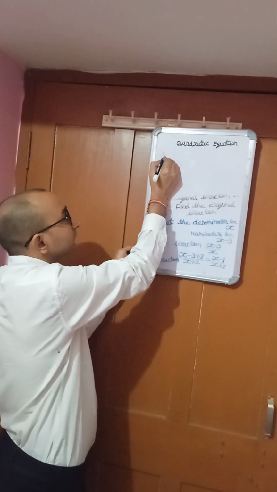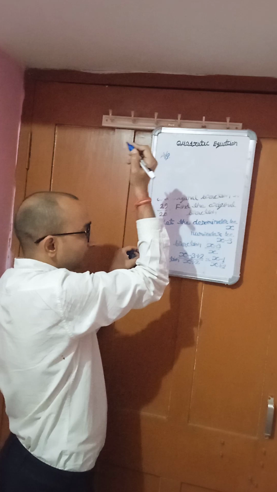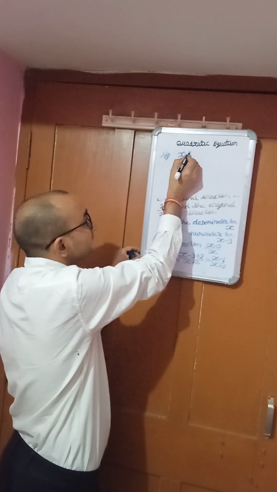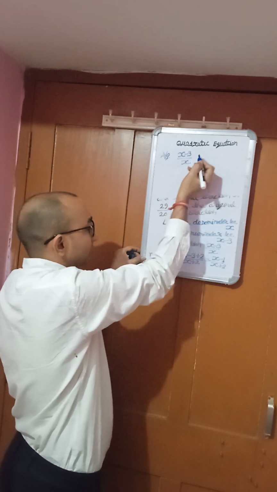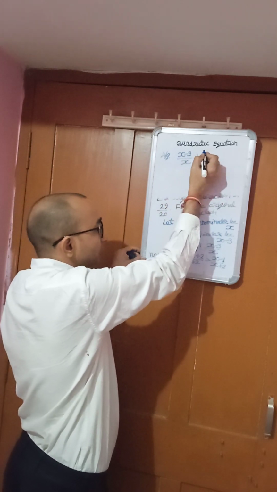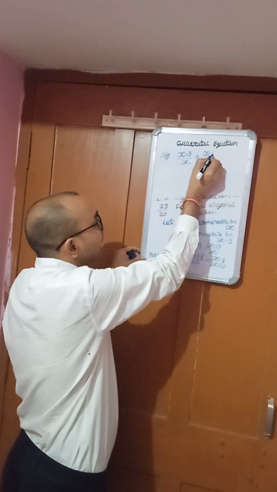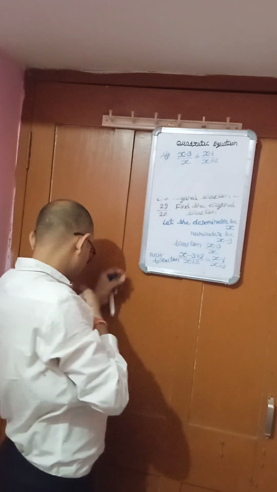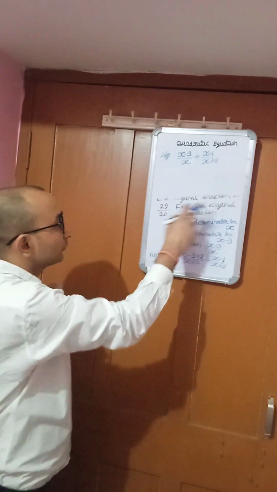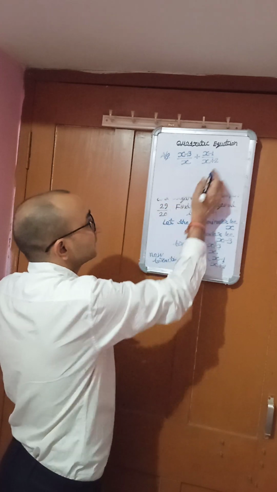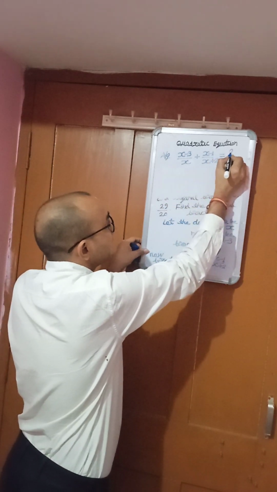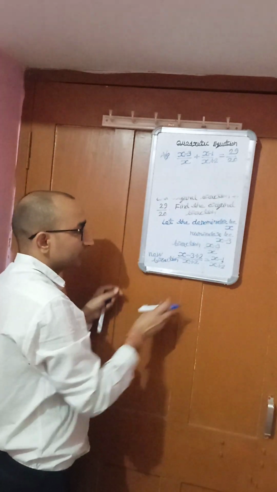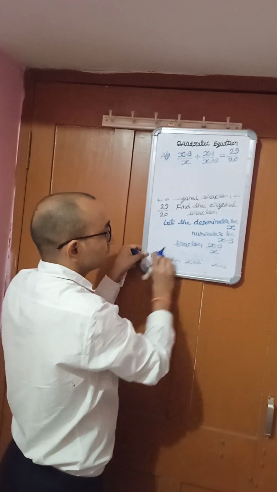So according to the question, the sum of the original fraction and the new fraction is 29 by 20.